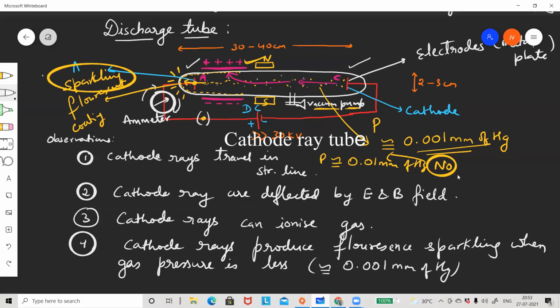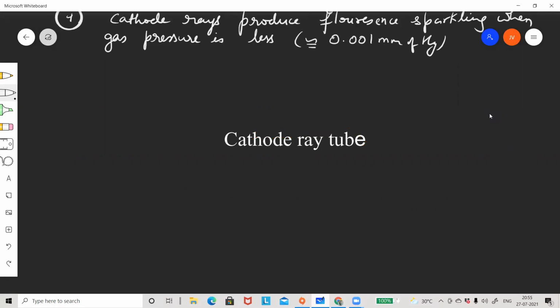What are the photographic rays of a discharge tube? This discharge tube experiment was further continued by Roentgen.